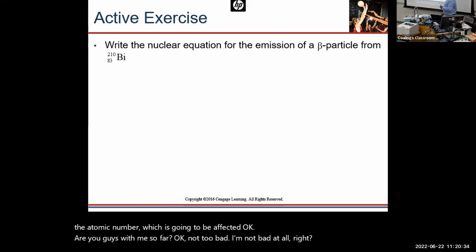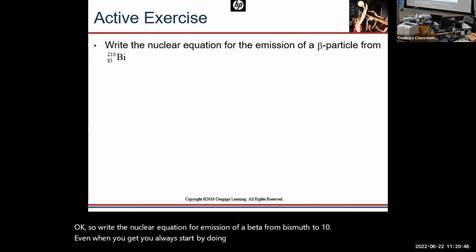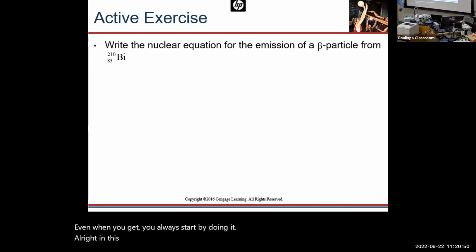Okay, so write the nuclear equation for the emission of a beta particle from bismuth to curium. No, it tells you what's being emitted. Emission means it's being let loose, right?